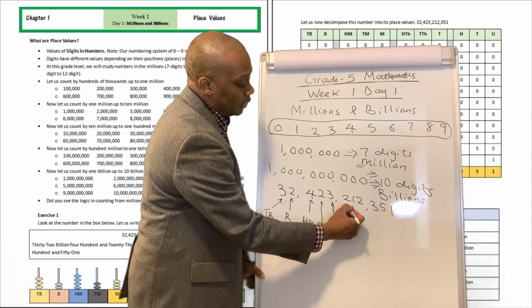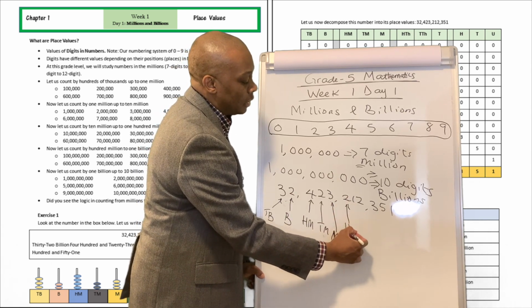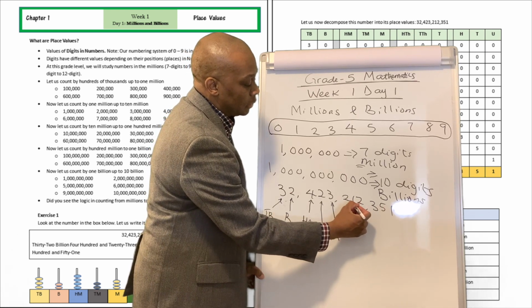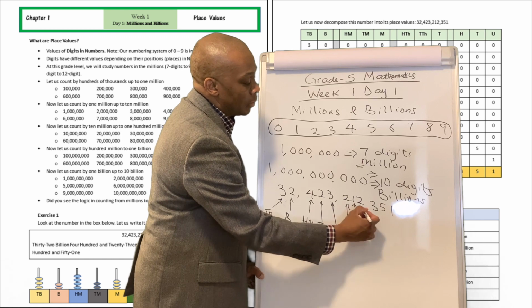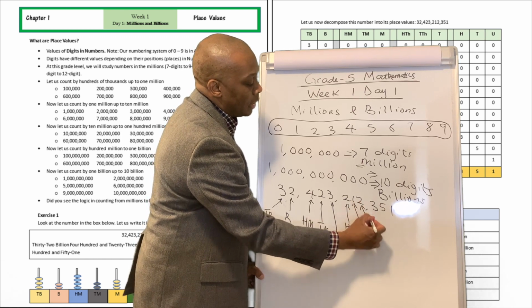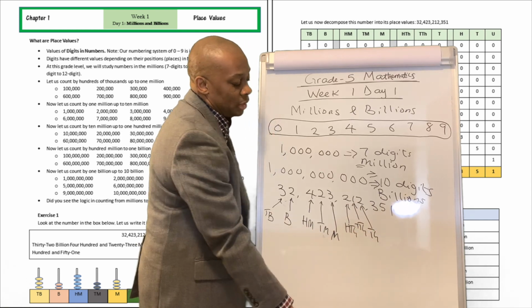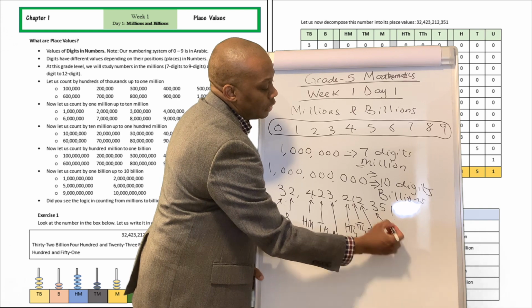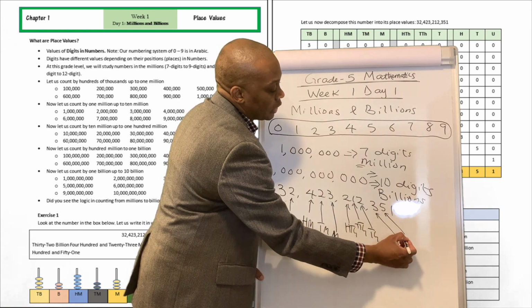Okay. This is going to be in the hundreds of thousands category. This digit is going to be in the tens of thousands category. This is going to be in the thousands category. Now this is going to be in the hundreds category, H. And this is going to be in the tens category.